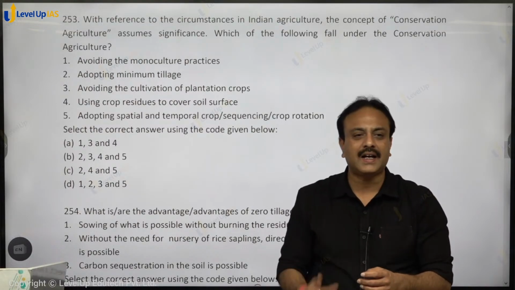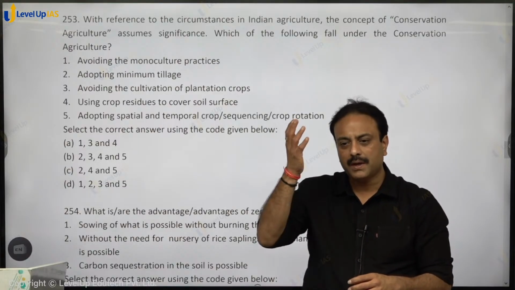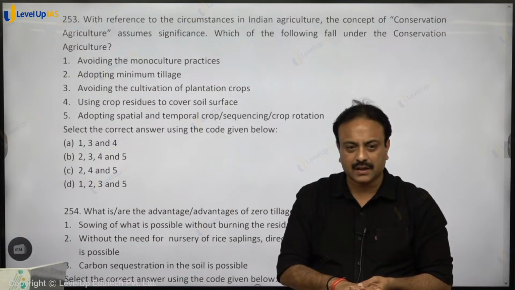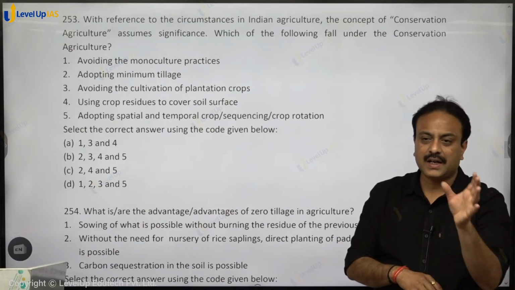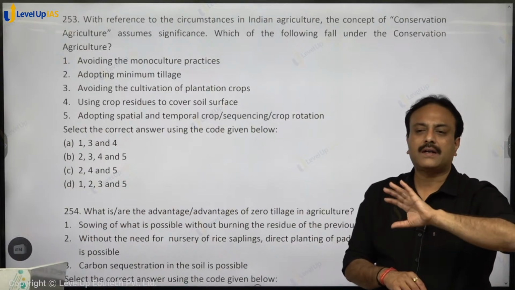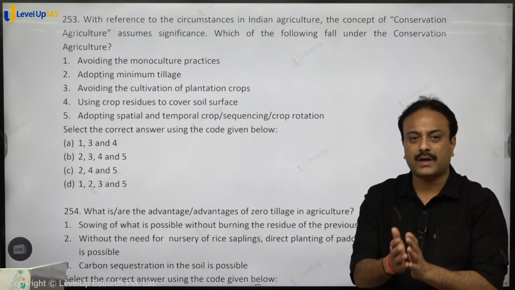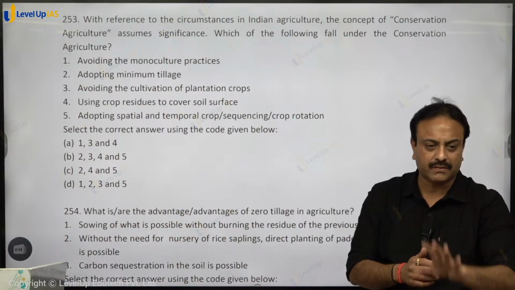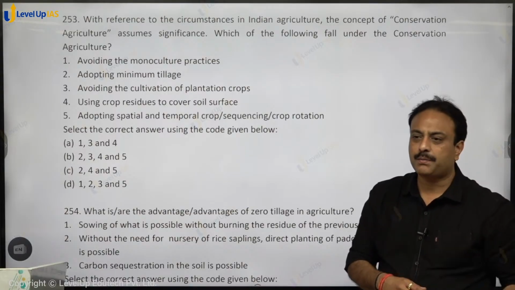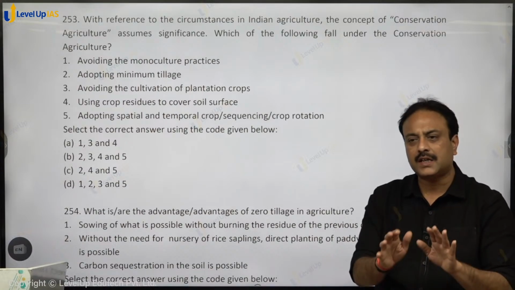Along with that, yield has to be increased. Productivity of production has to go up. So that is called conservation agriculture. So conservation agriculture talks about many things related to how to preserve biodiversity, soil, the entire things related to agriculture needs to be conserved, preserved properly. There should not be exploitation of anything and everything should remain available in its current form.